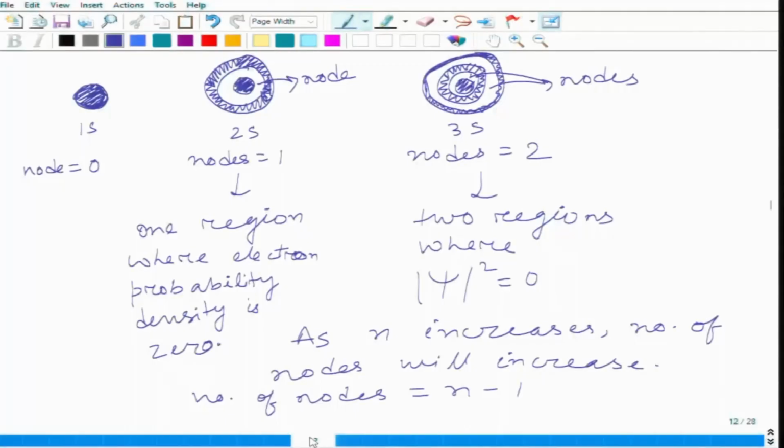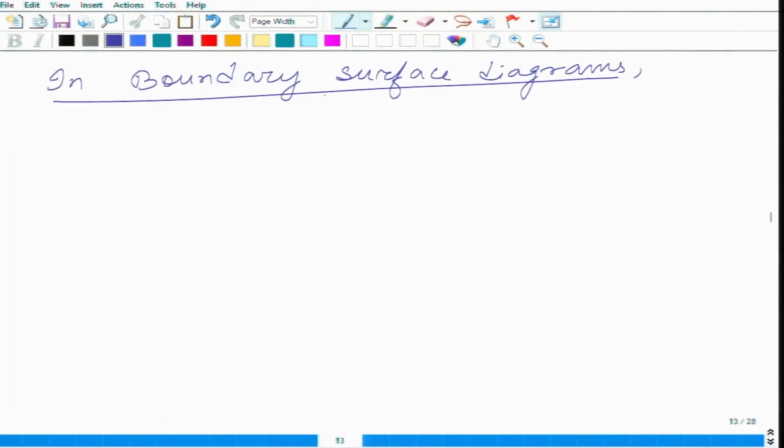So it is not possible to define a rigid surface in which the probability density is 100%, because we will not be able to cover 100% density with any rigid boundary. Therefore, in boundary surface diagrams, we have regions having 90% probability density.